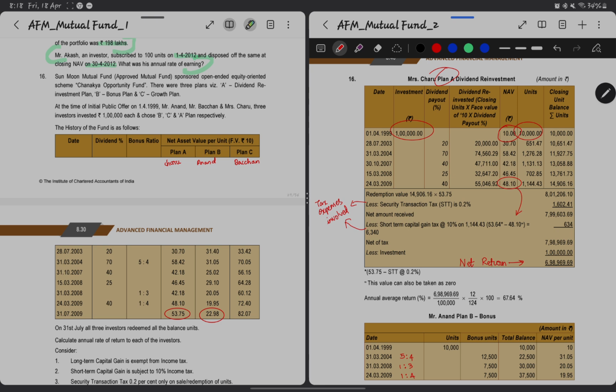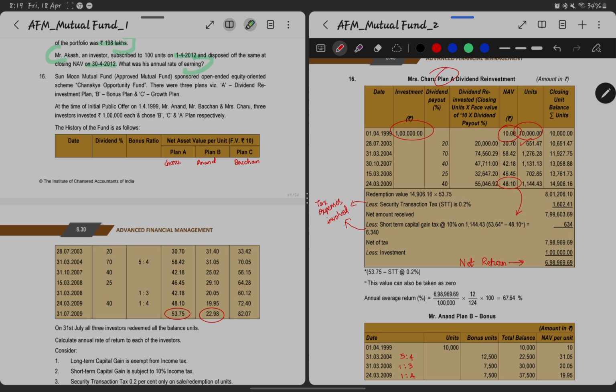So closing also will be 10,000. Next, on 28/7/2003, after 4 years, a dividend of 20% has been issued. So this 20% on 1 lakh gives us 20,000, which is the dividend. That dividend divided by the NAV as on that date, 30.7, gives 651 units.